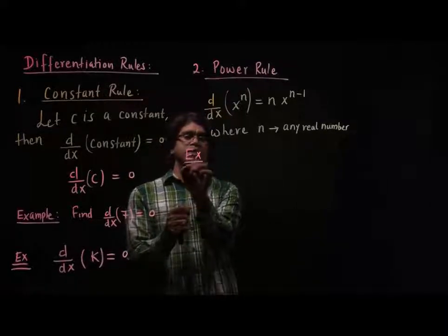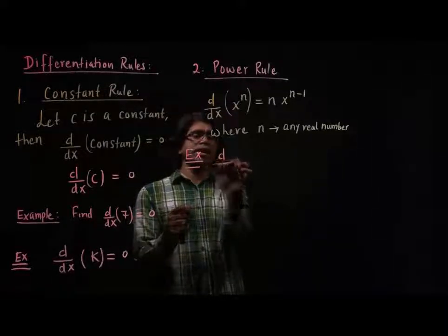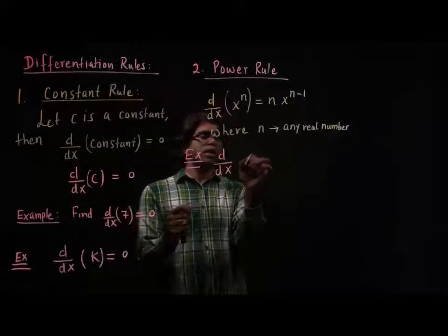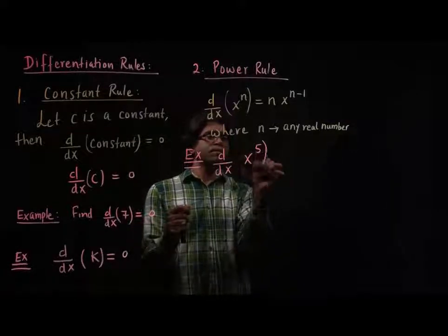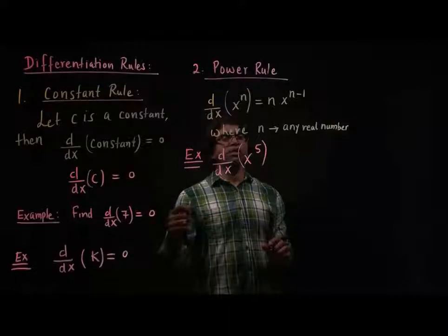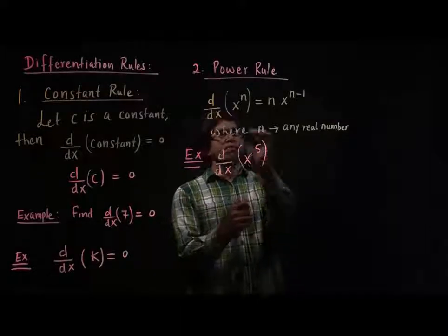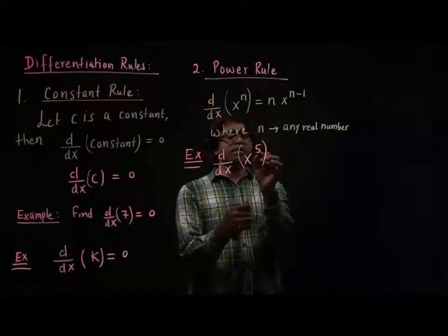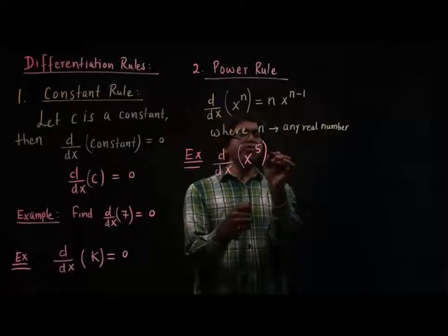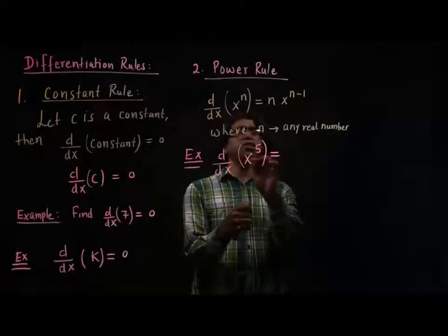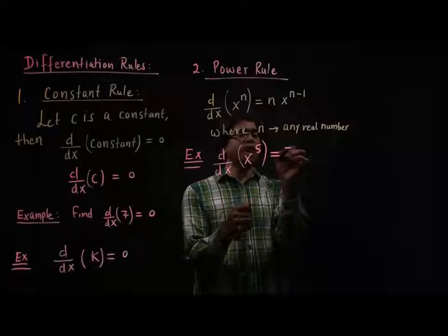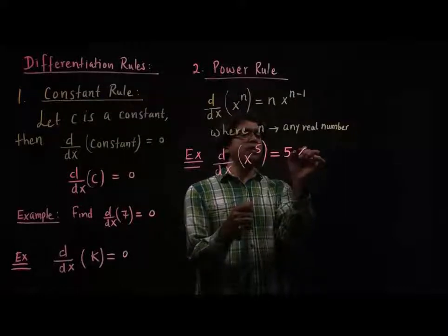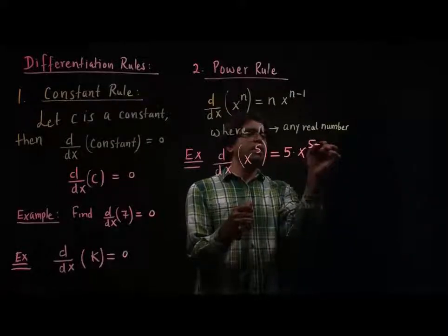Now let's consider an example. So the example is find d by dx of x to the power 5. So if you look at the rule for n, what do I have? 5. So my n is 5, and if I'm using the rule, I will write 5 times x to the power 5 minus 1.